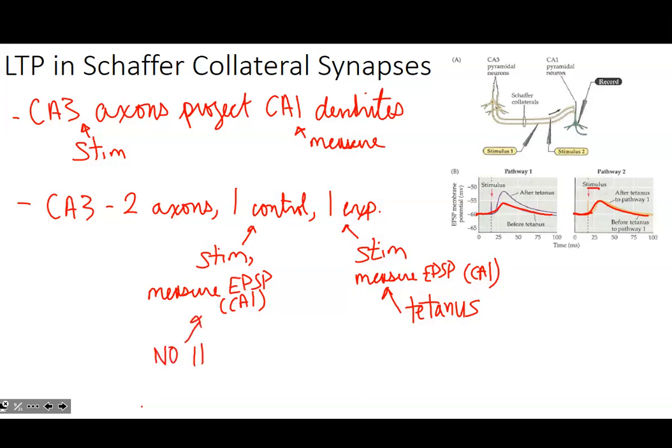So no HFS, no high frequency stimulation. Okay, and after that, right after they provide the high frequency stimulation, they stimulate and measure again. And so they're going to stimulate and measure in both.